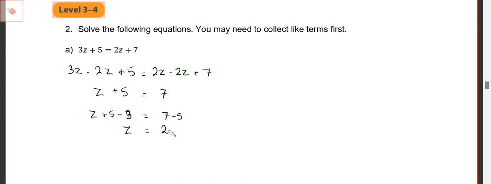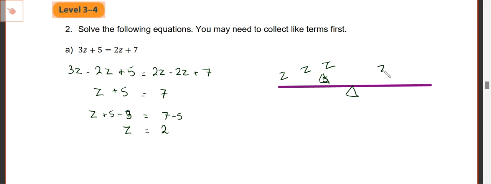But basically, remember the balances, yeah? Remember we did the scales, so I've got a z, another z, another z, and then I've got a weight that has a 5 on it, and on the other side I have a z, another z, and a weight that has a 7 on it.